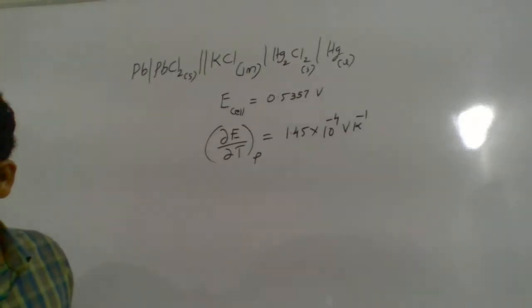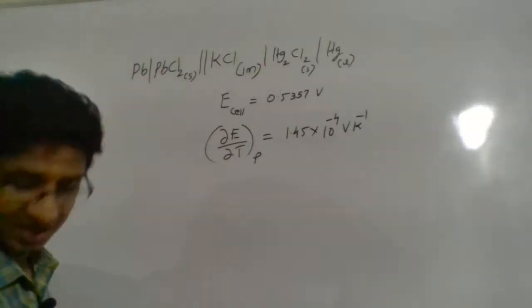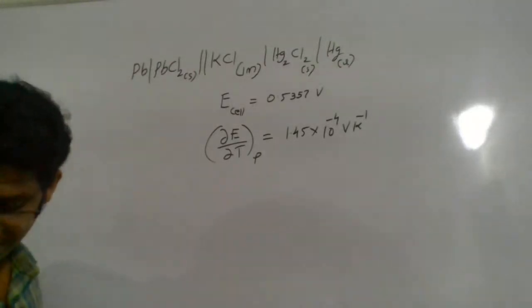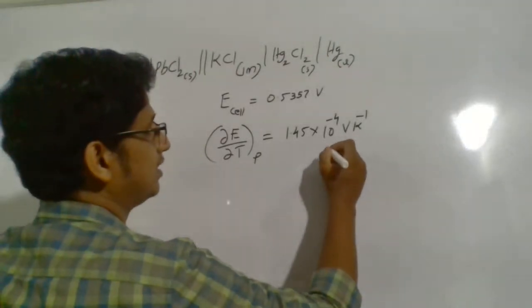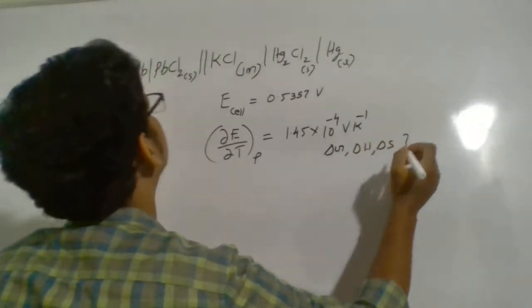That is the data they have given. Now they ask you to find delta G, delta H and delta S.